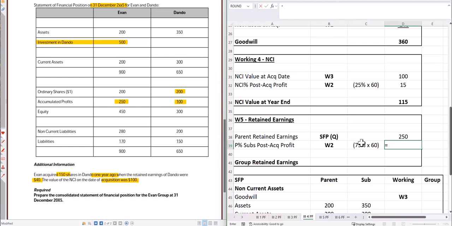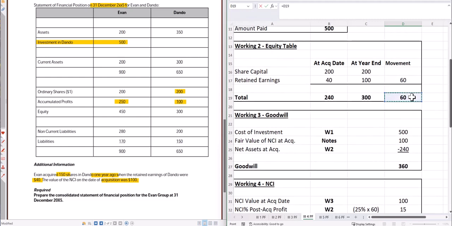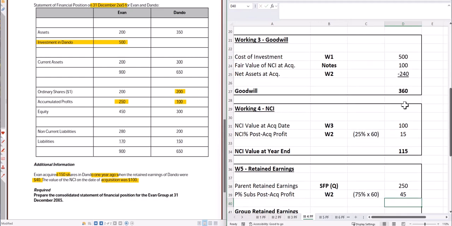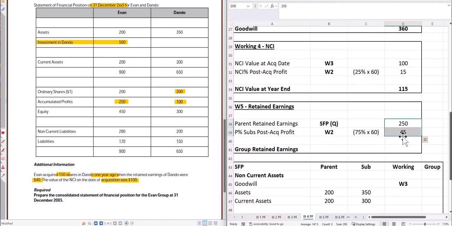So that is 60 times 0.75, which gives us 45. Add that up and we get 295. So that's our 5 workings, same standard workings. This time though, we had some post-acquisition profit to bring in.